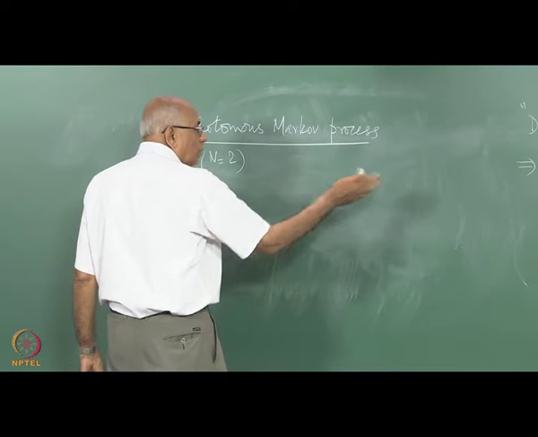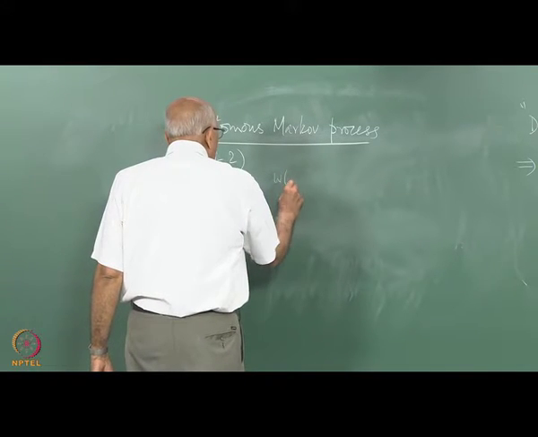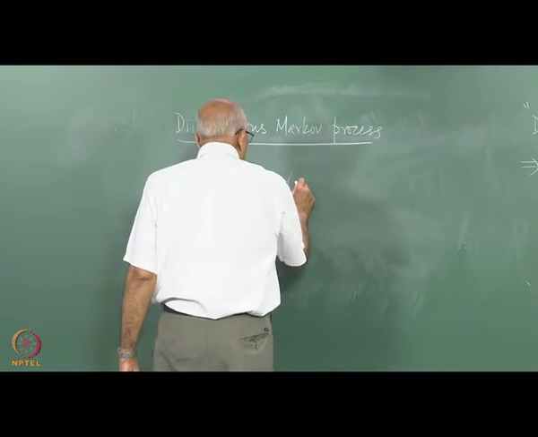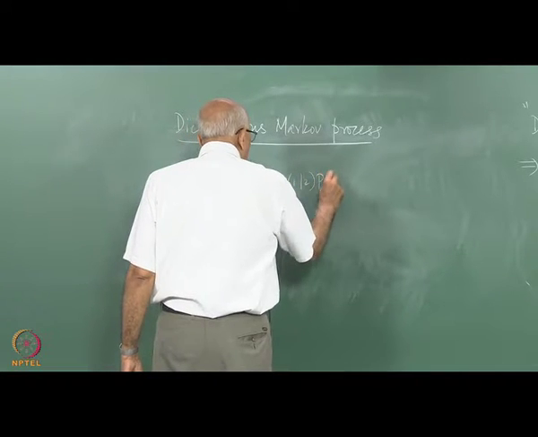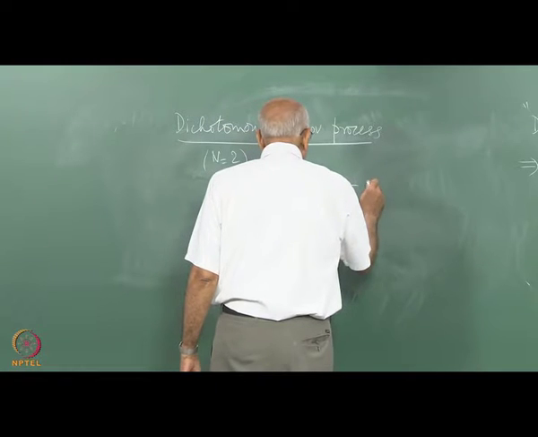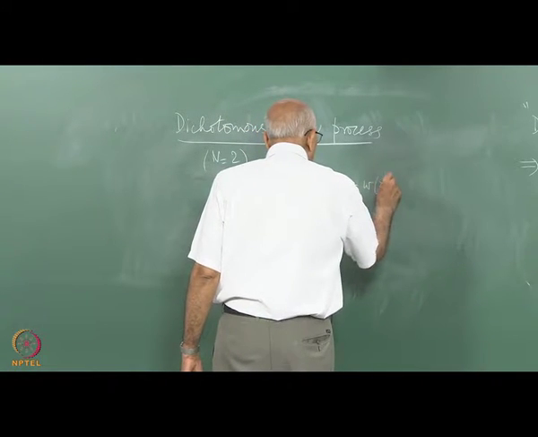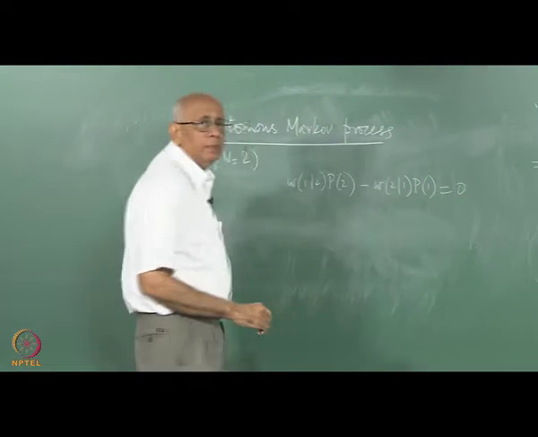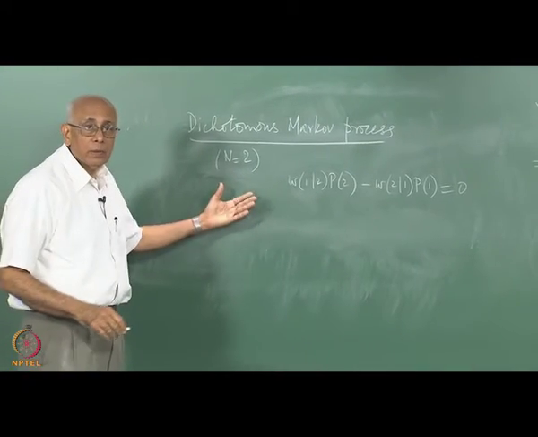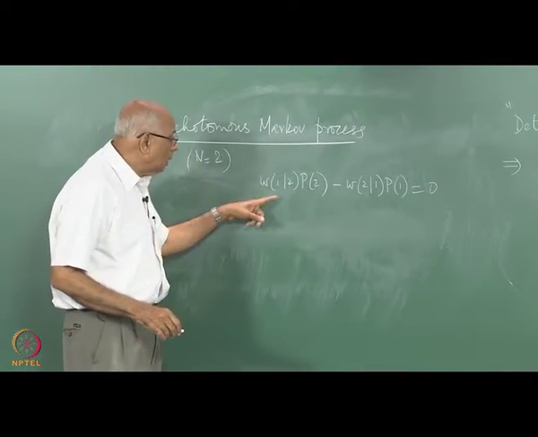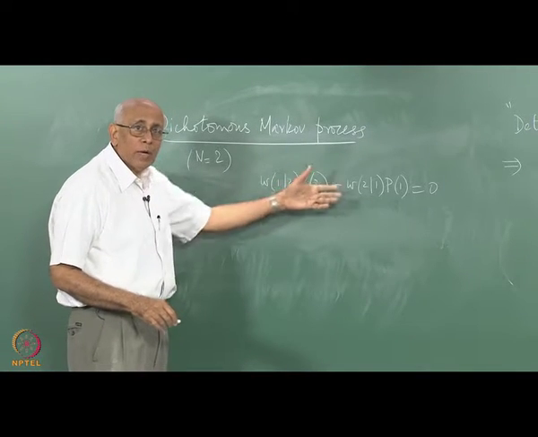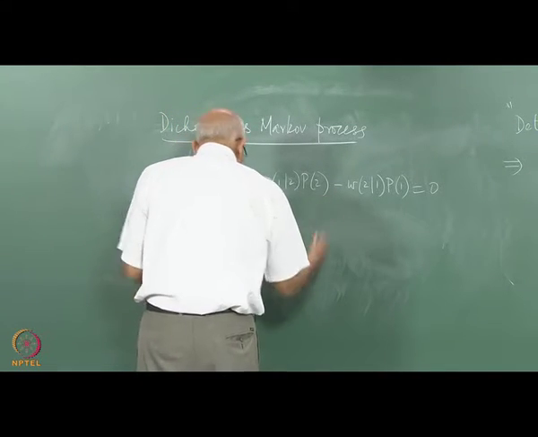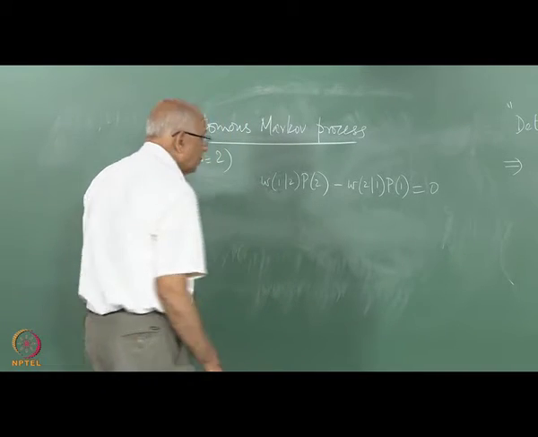So L, k, etc. run over values 1 to 2, and for the stationary distribution, you have W12 P of 2 minus W21 P of 1 should be equal to 0, because there is nothing else to sum over. If I set k equal to 1, I have this, and I sum over L, there is only one other value 2. And similarly you have essentially this equation and nothing more. Okay.